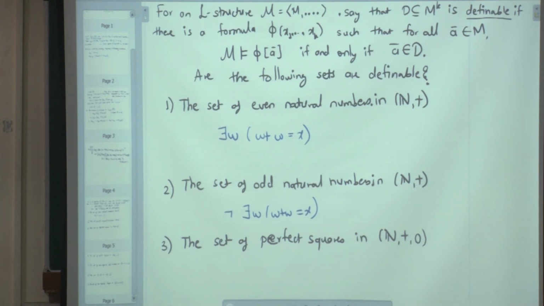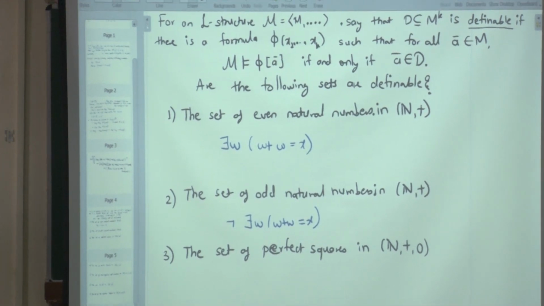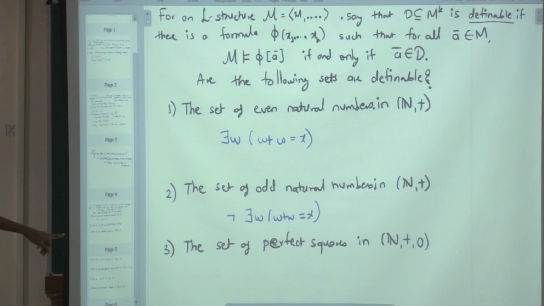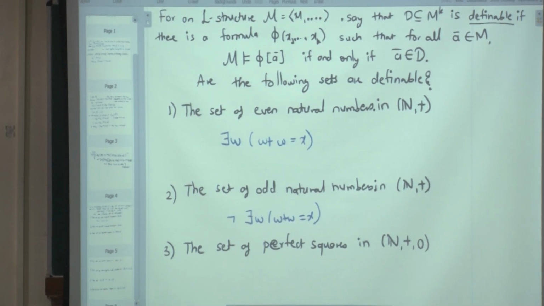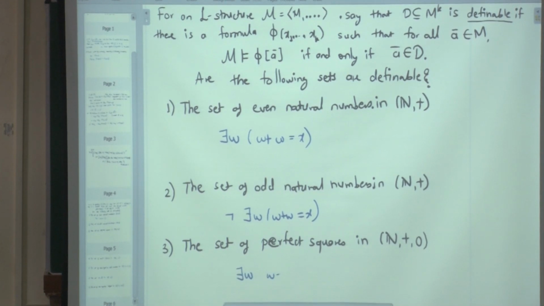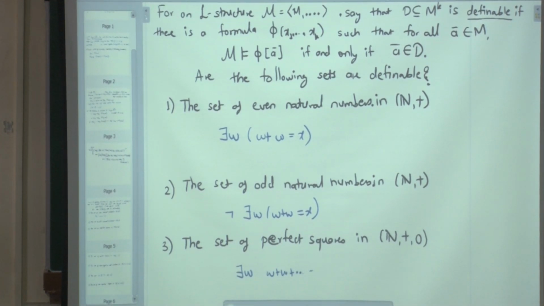Okay, what about the set of perfect squares in N with plus? Now this is a catch. This is not the solution, but I am going to write it down. There exists a W such that W plus W plus W, W times, is equal to x.